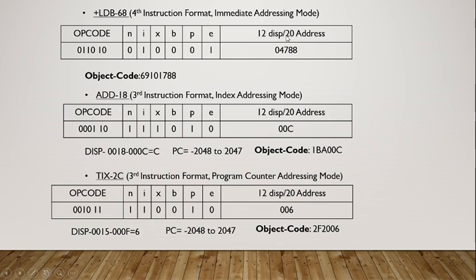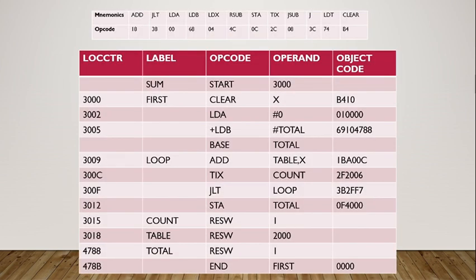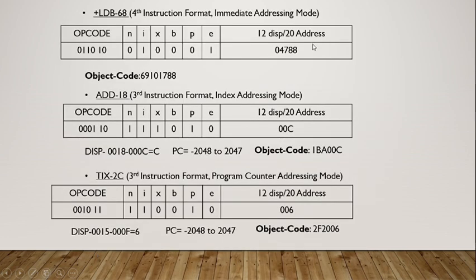The address here is 4788, where the hash total is indicating the location counter value 4788. So the object code for this instruction would be 6910169110.